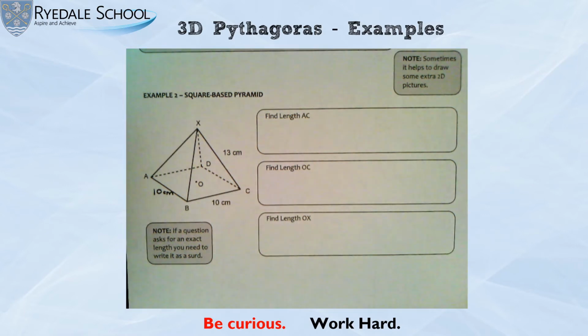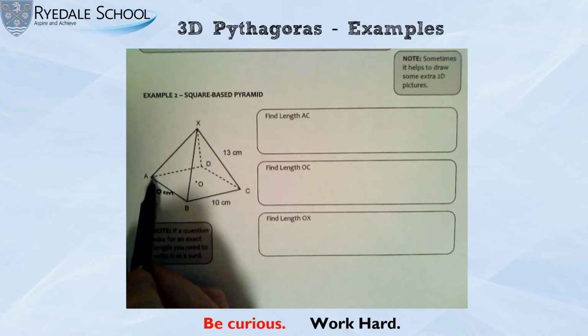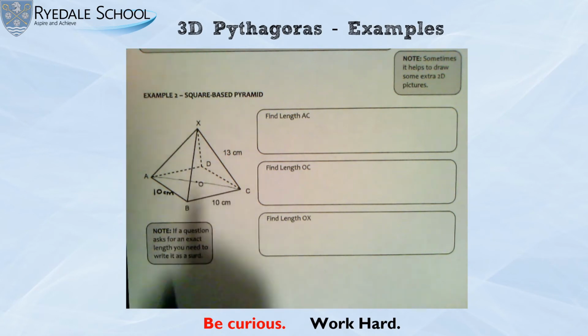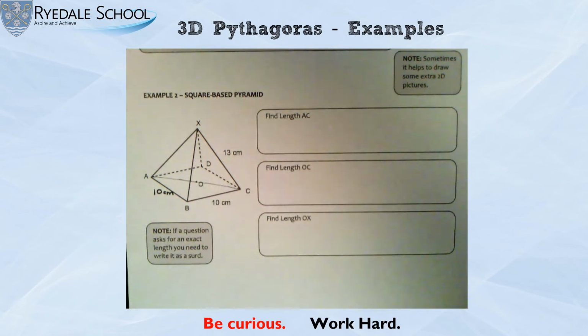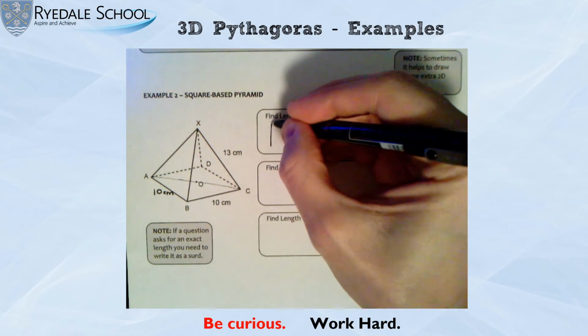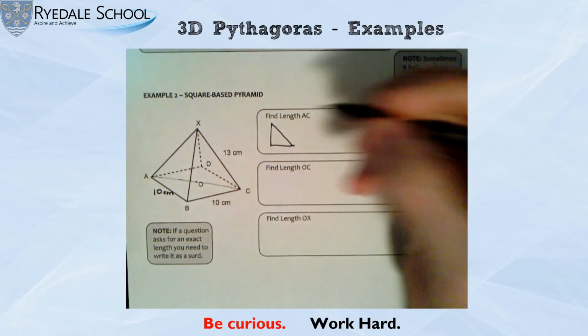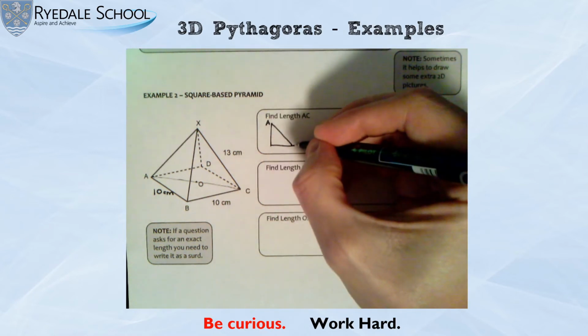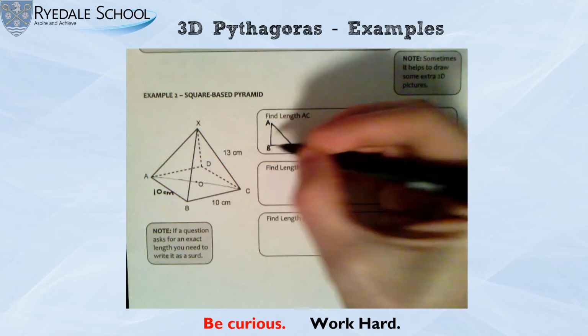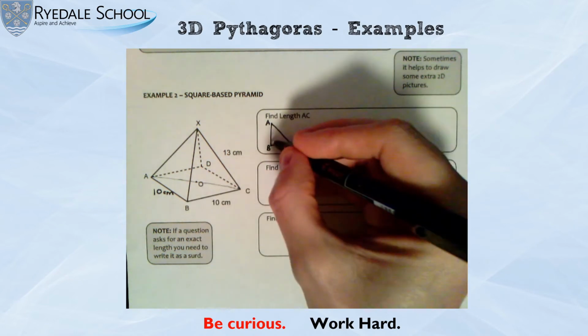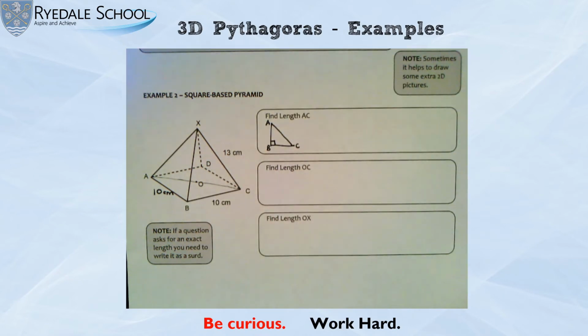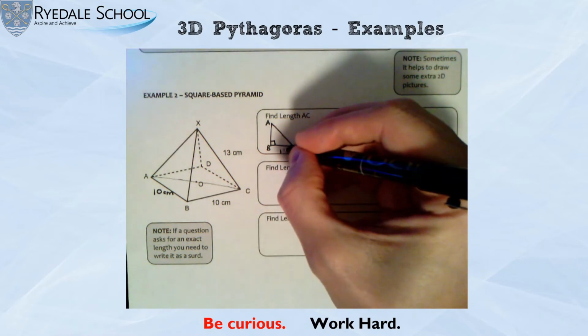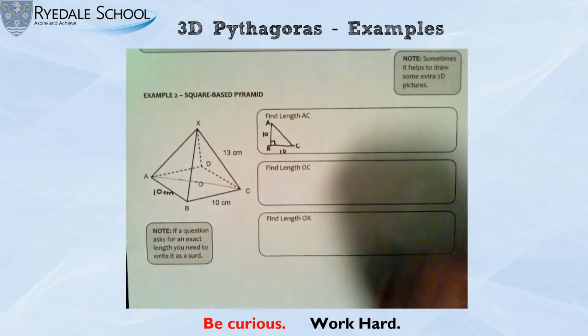And the first thing that we've been asked to do is find the length of AC. And again, looking down from above, we've got a right angle triangle there. This angle has to be a right angle because it's a square base. And we've got lengths of 10 and 10.